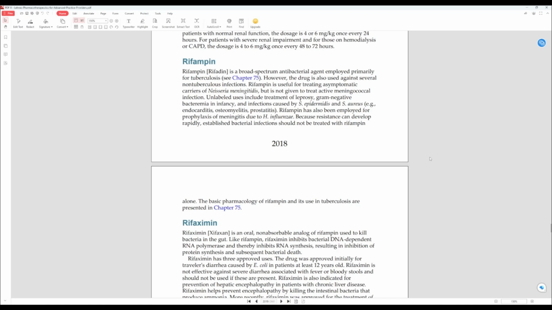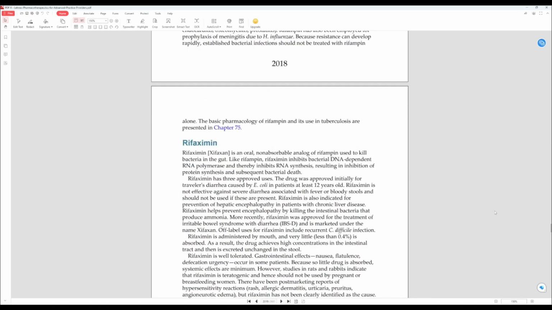Unlabeled use includes the treatment of leprosy, gram-negative bacteremia in infancy, and infections caused by S. epidermidis and S. aureus. Rifampin has also been employed for the prophylaxis of meningitis due to H. influenzae. Because resistance can develop rapidly, established bacterial infections should not be treated with rifampin alone. The basic pharmacology of rifampin and its use in tuberculosis is discussed in Chapter 75.